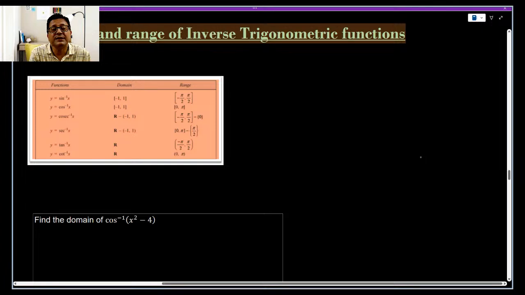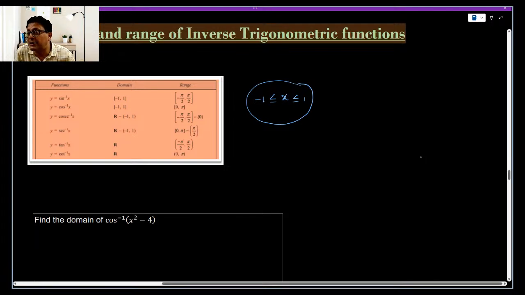It means x will be lying in between -1 and 1 for cos inverse x. So when you are going to find cos inverse of x square minus 4, like the way you used to do domain in class 11 mathematics, this x will be replaced by x square minus 4, isn't it?